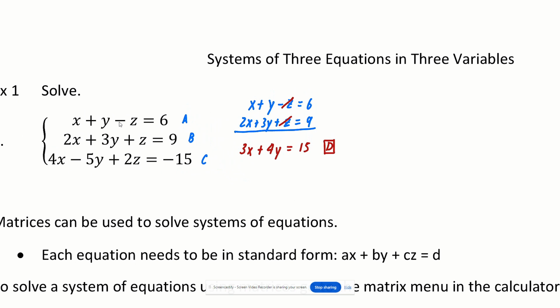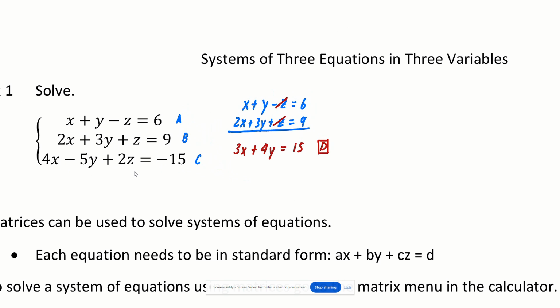So since A has negative Z and C has positive 2Z, I'm going to use A and C. Now, I can't use A and C the way they are because negative 1Z and positive 2Z won't cancel out. But you know what I can do? I can multiply this A right here, that whole thing, by 2.